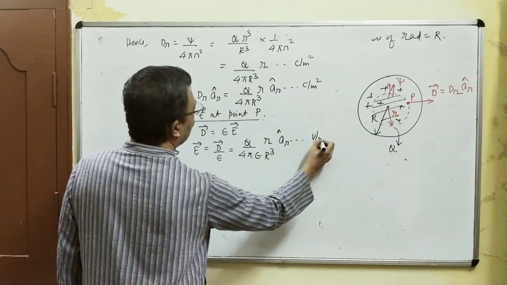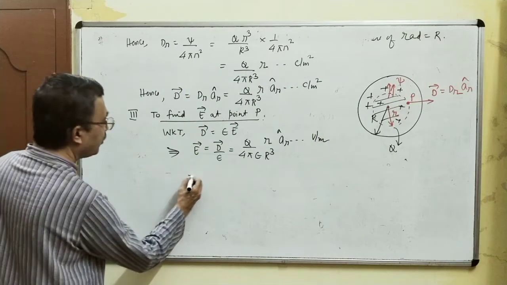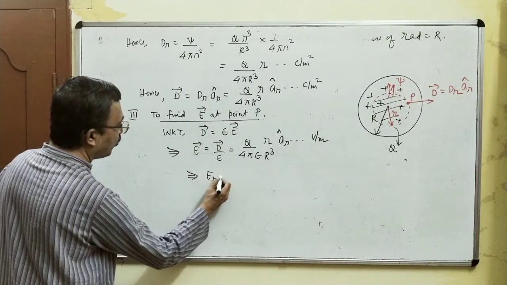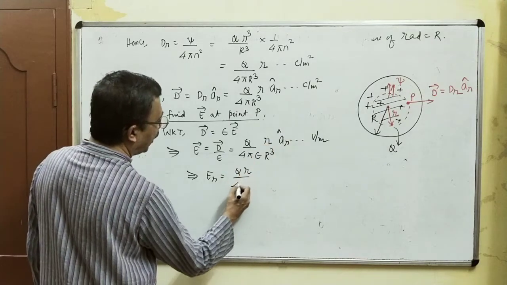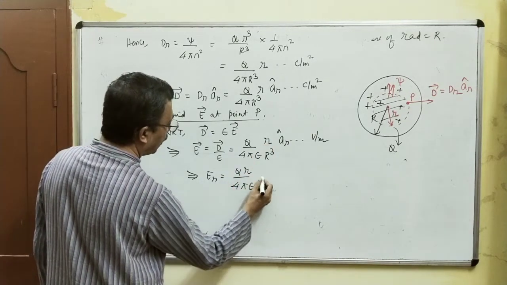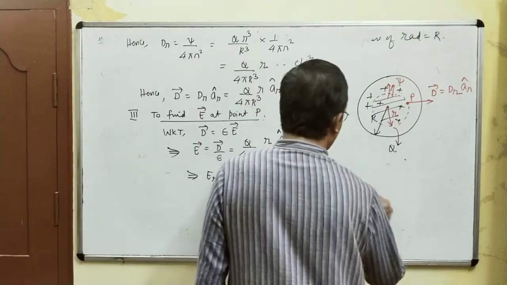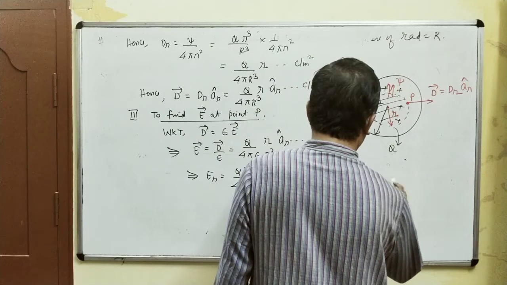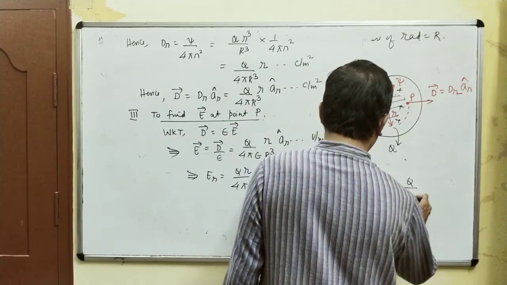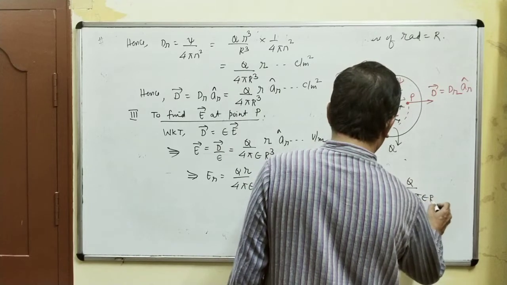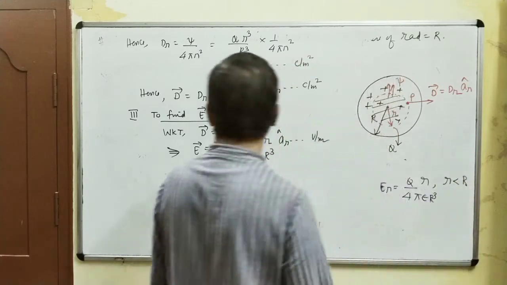So many volts per meter. This implies Er, the coefficient of a_r cap, is Q into r divided by 4 pi epsilon R cube. This is the expression for Er, which I'll write down here. This will be required for my reference. So Er is equal to Q divided by 4 pi epsilon R cube into r. This is for r less than capital R.